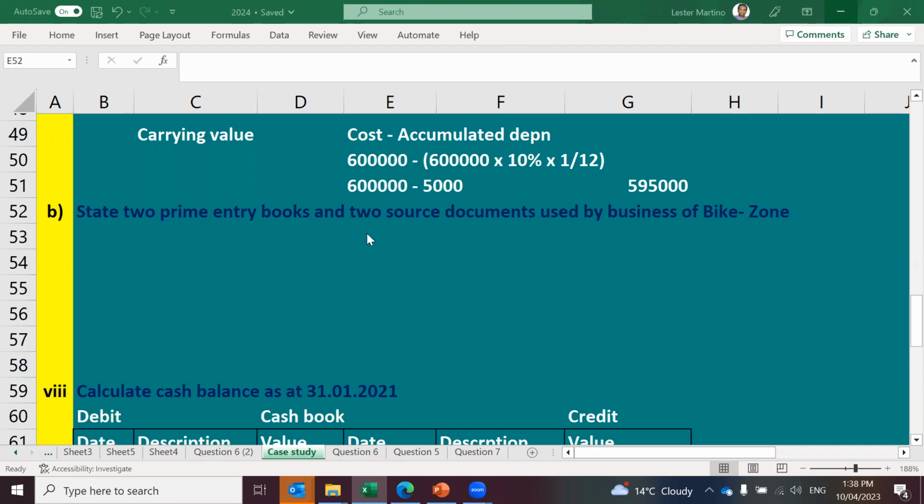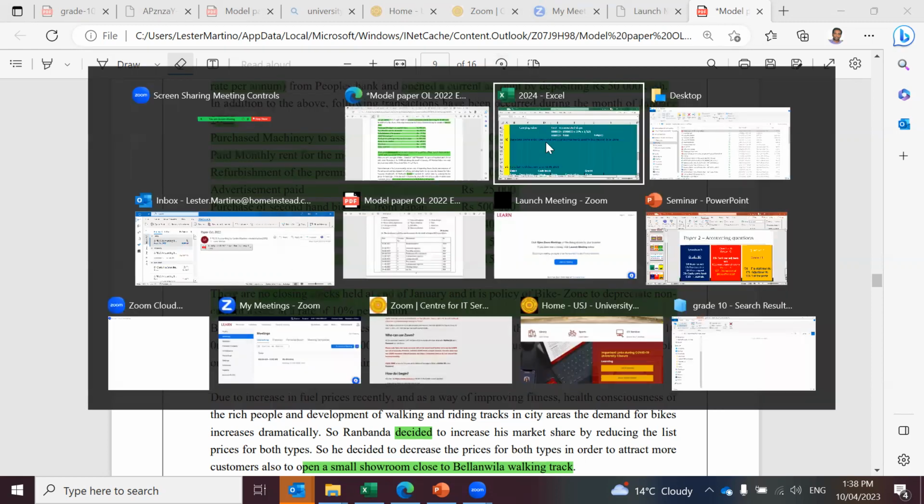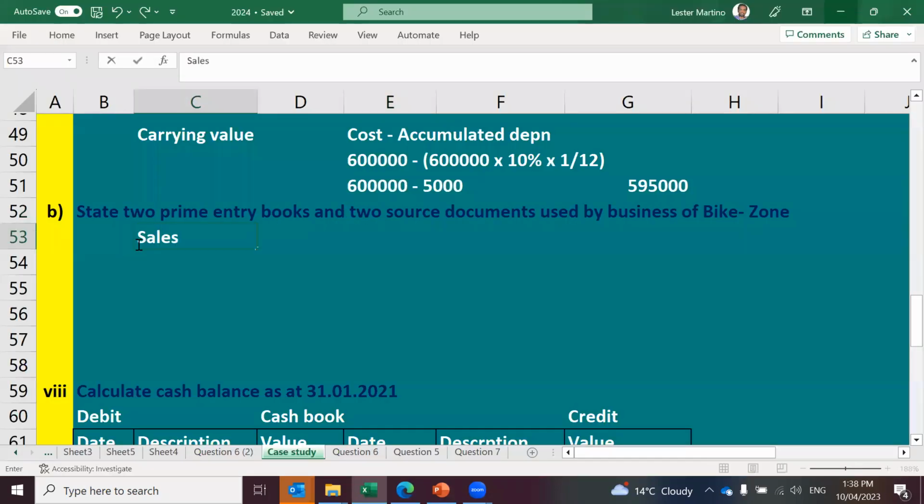Okay, next one. State 2 prime entry books and source documents used by the business. You need to look at the type of business and the transactions they carried out for the given month. It says purchased machinery and the rest of the transactions. So there is a cash one and a credit one. You can write down sales journal and cash book.